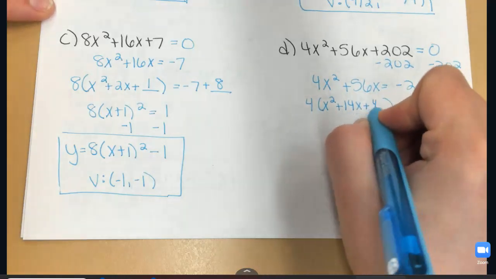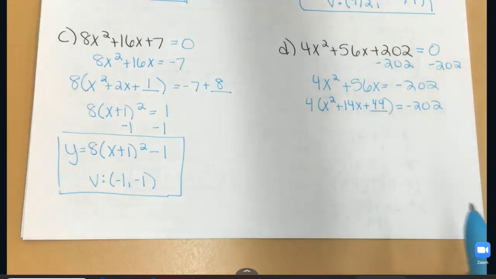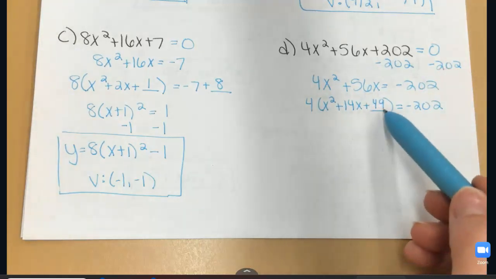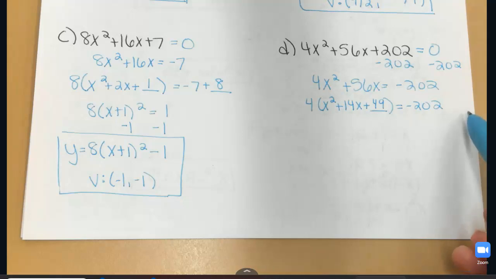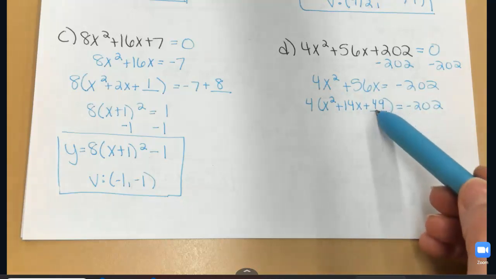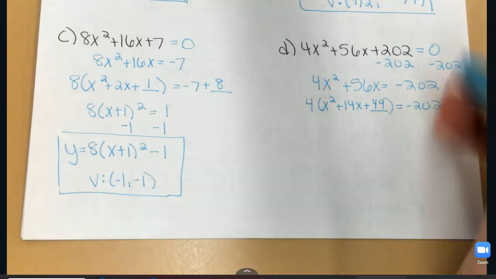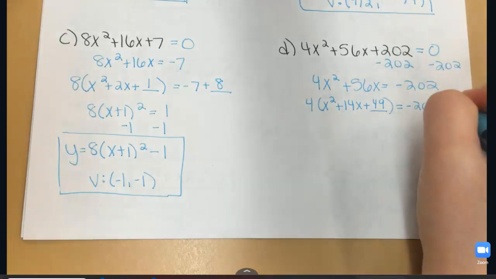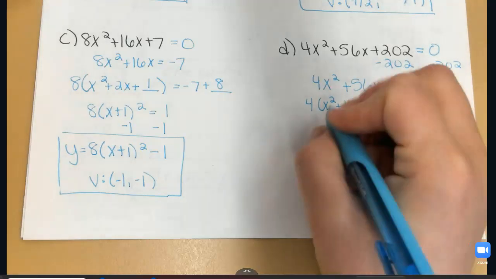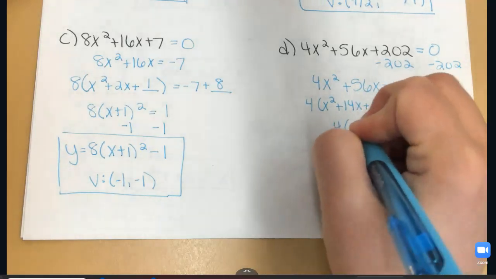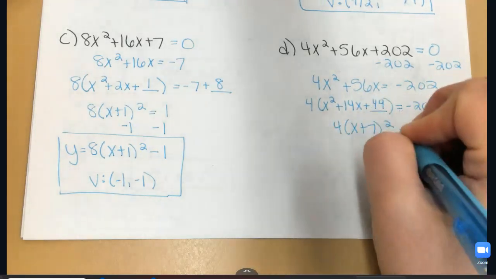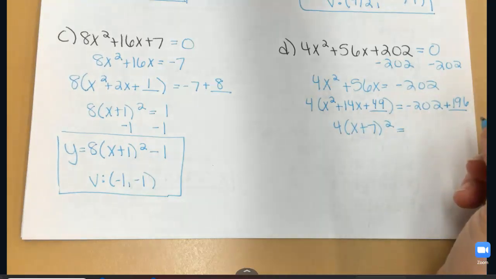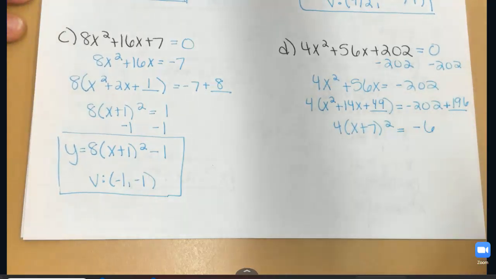7 squared is 49. And again, for equivalence, whatever I'm adding in on the left, I need to add on the right. And this is not just 49, this is 49 times 4, which is 196. So on the left side I have 4 times (x plus 7) squared, and that is equal to negative 6.